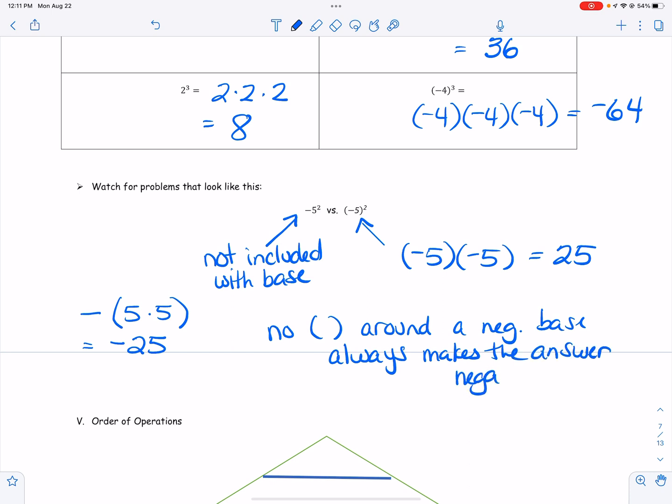Okay, if it's being raised to an exponent. So if you have no parentheses around the base, you will take that base, raise it to the exponent, and then make your answer. So I'm going to stop here, and then I'm going to do the next section on order of operations.